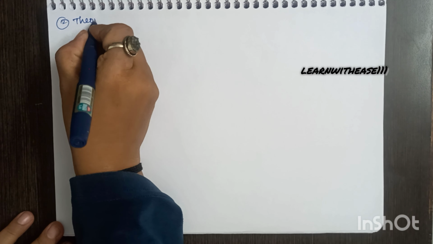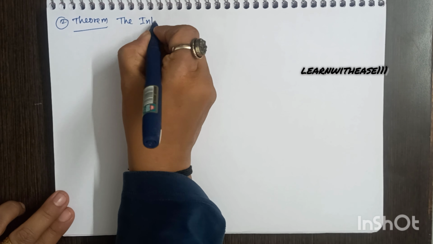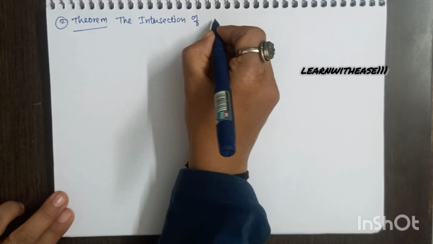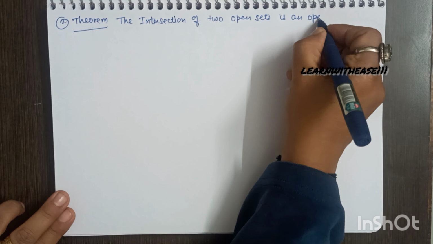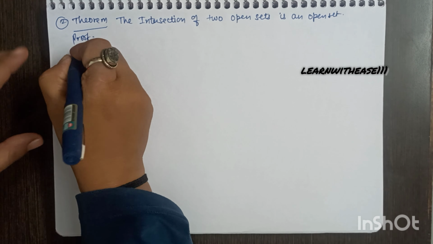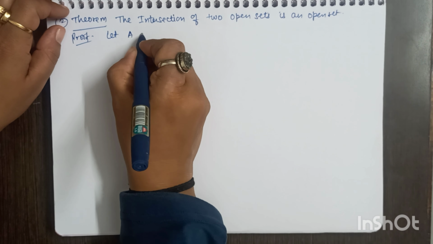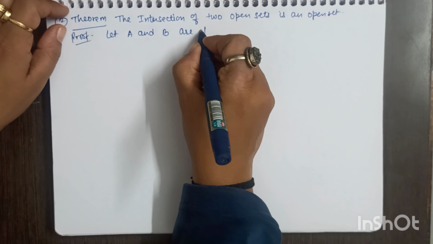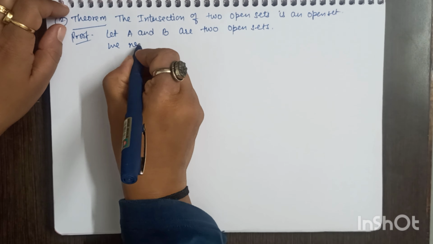For the next result, the second theorem: the intersection of two open sets is an open set. Let A and B be two open sets. We need to prove A intersection B is also an open set.